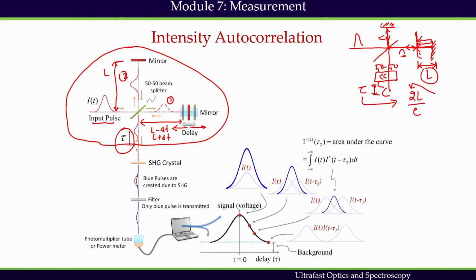Considering the speed of light as 3 into 10 to the power 8 meter per second, one can remember this: a 300 micron displacement yields a delay of 2 picosecond from this expression. So 300 micron displacement will give you 2 picosecond delay between two pulses coming out of the Michelson interferometer.